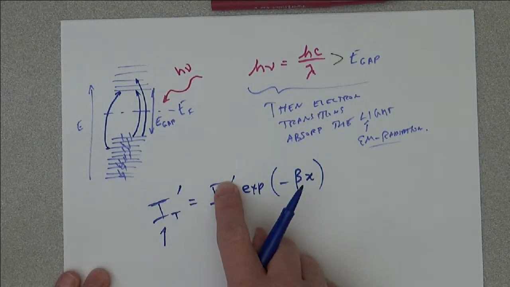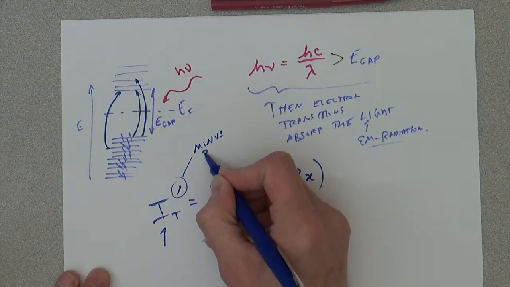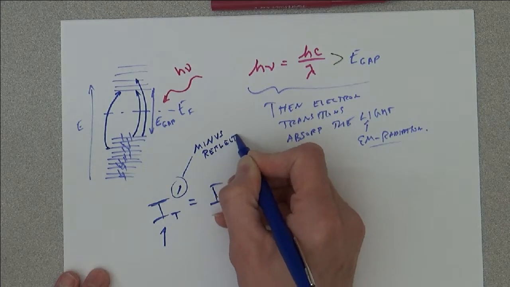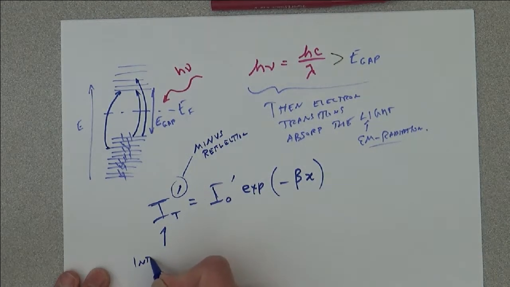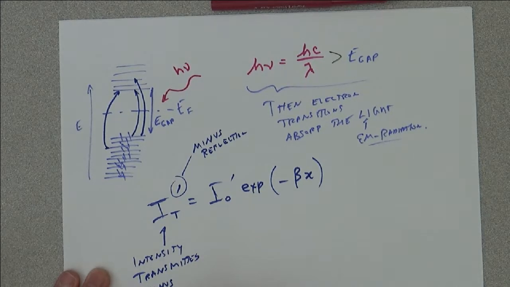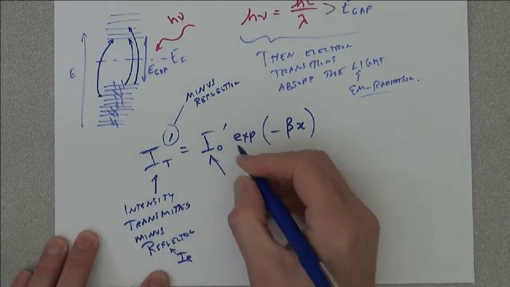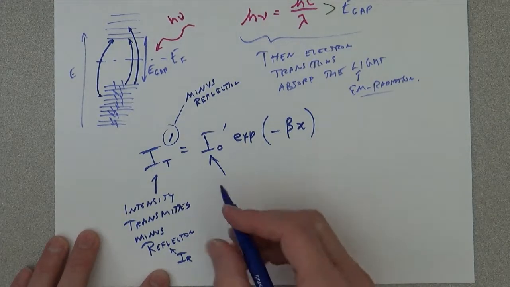I put the little primes here to mean minus reflection. So this is intensity transmitted, minus transmission minus reflection, or IR is what we're using. This is the intensity incident minus reflection.